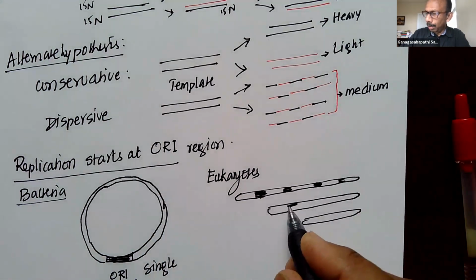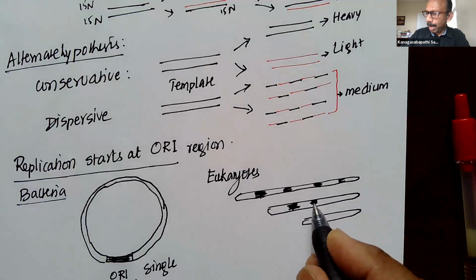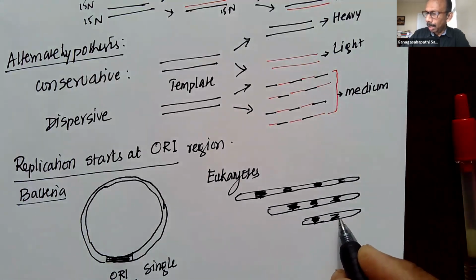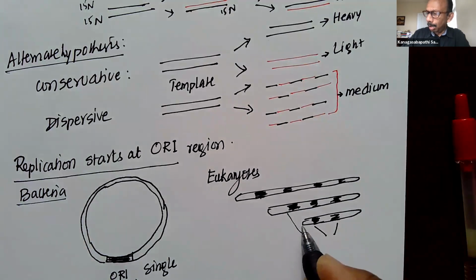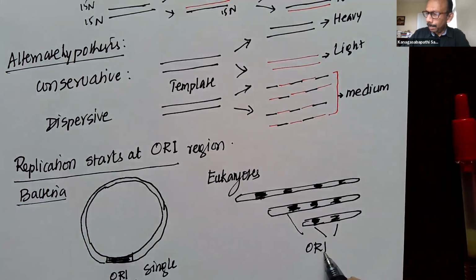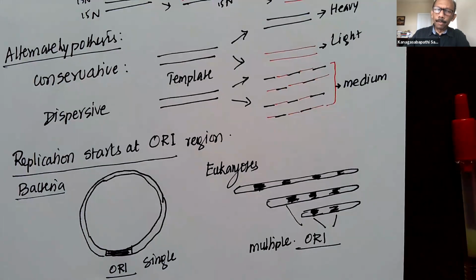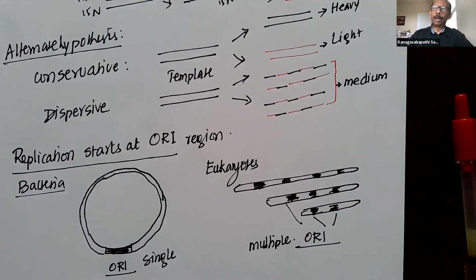So the origin of replication is also many of them. So that is long and so all these are origins of replication. This has multiple origins of replication. Okay. So that's a difference between the bacteria and eukaryotes.